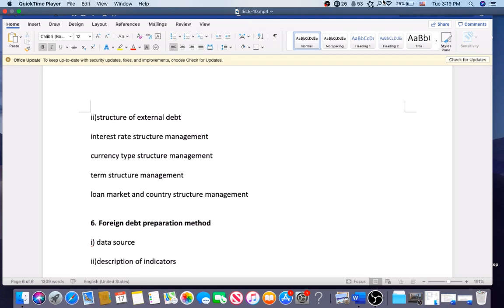The purpose of this management is to prevent and to reduce the exchange rate risk through the reasonable allocation and timely exchange of currencies.